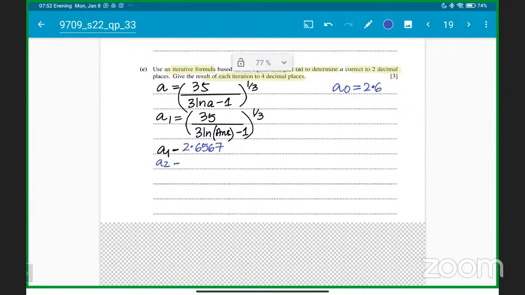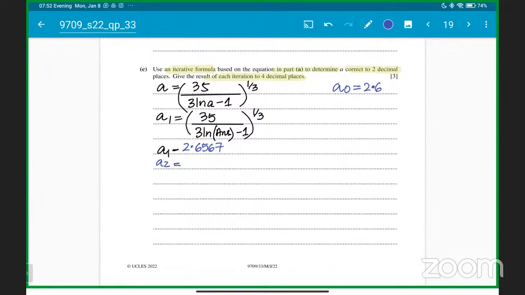The second value is coming 2.6267. And the third value is coming 2.6264. The fourth value is coming 2.6341.